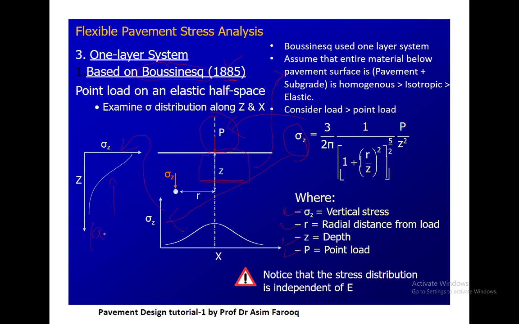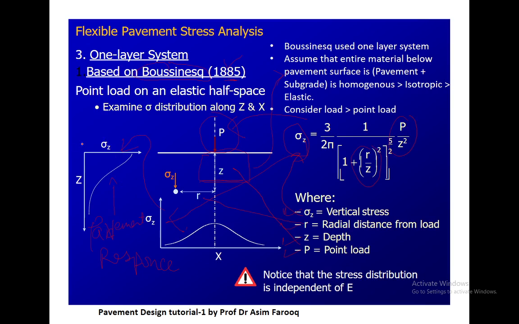If your load is acting at a specific point, you can move that point anywhere. And Z is the depth, which is determined in terms of thickness, while P is the loading. At the right side, we have the sigma Z formula as well, through which, if we have all the parameters such as radial distance, depth, and point loading, then we can determine vertical stresses at any point.